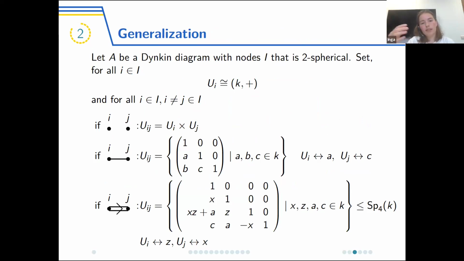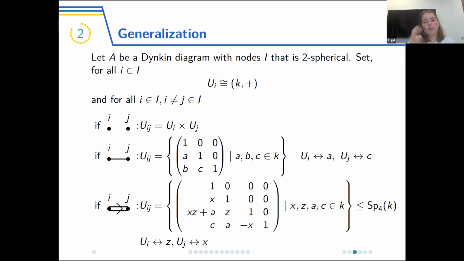Now that we've seen this example, I want to give you a brief idea of where they come from. I will try to explain what Kac-Moody-Steinberg groups are, and it all starts with a Dynkin diagram. If you don't know, think of the Dynkin diagram as a finite graph where you can have no edges, single edges, or double edges with an arrow. For each vertex in the graph, we take one copy of the additive group of our field.